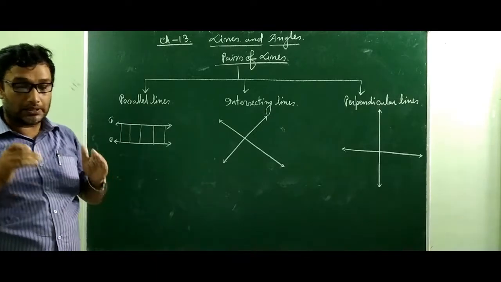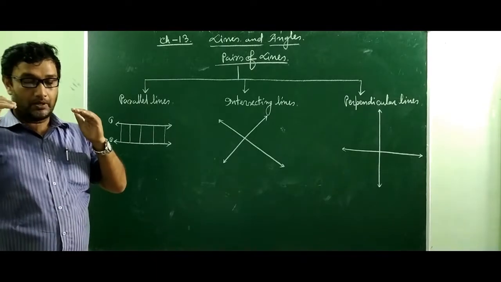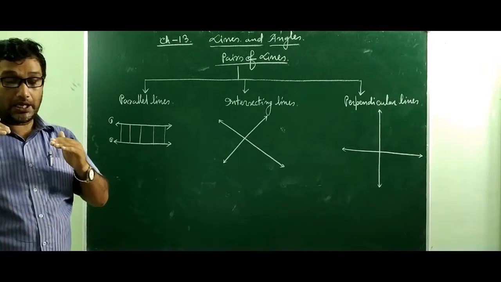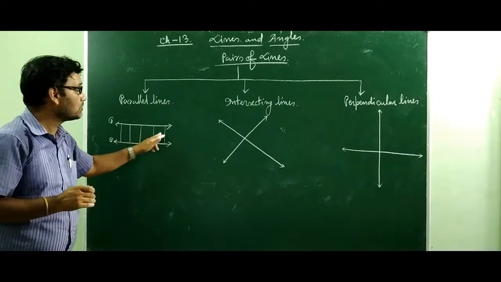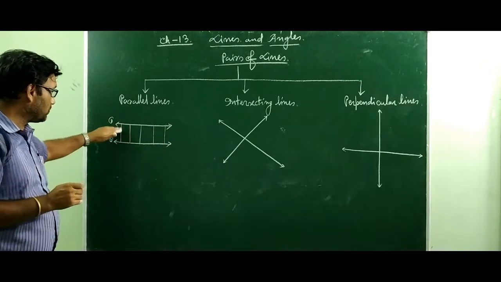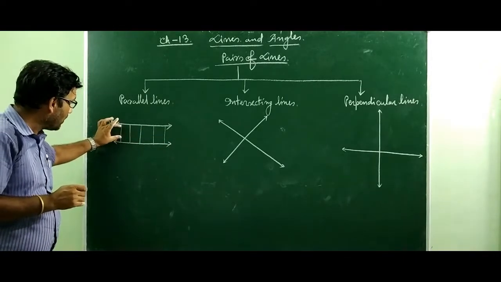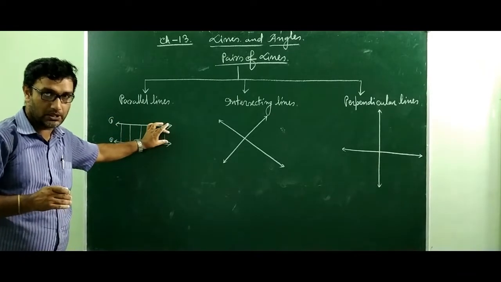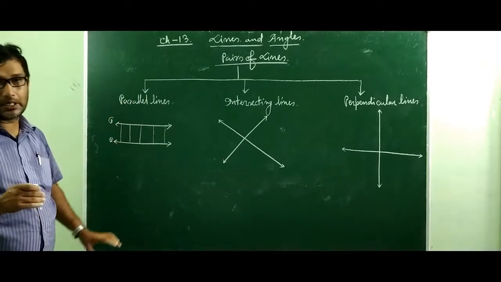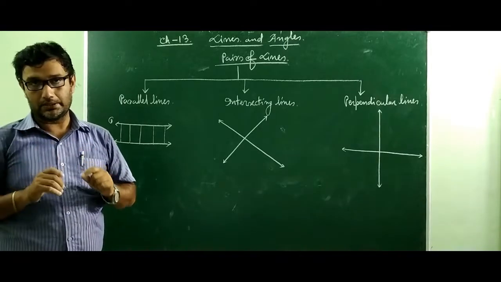Parallel line means what? The distance between the two lines remains the same everywhere. If the distance between these two lines is the same, then that type of lines are called parallel lines.